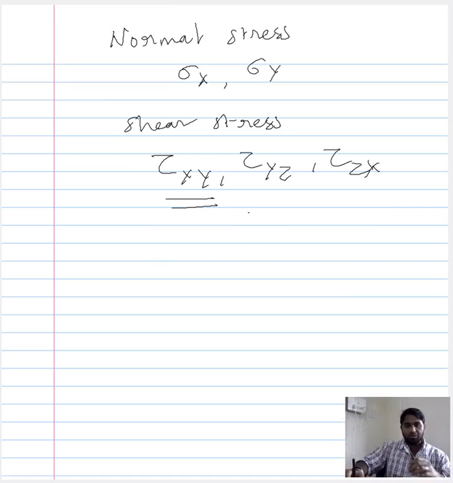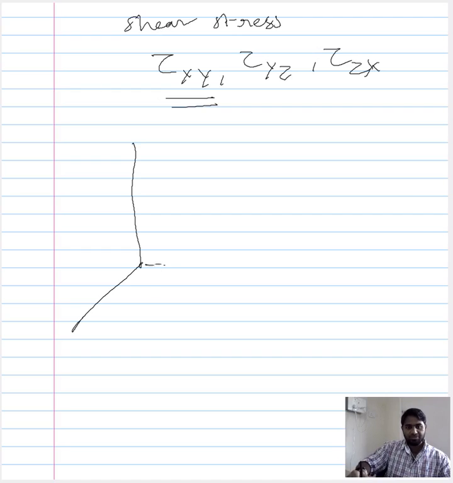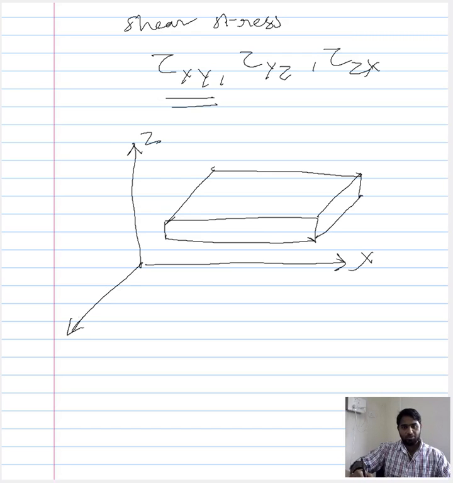So for considering this shear stress alone, let us redraw the plate that we initially considered. This would be your z axis, this would be your x axis, and this would be your y axis.